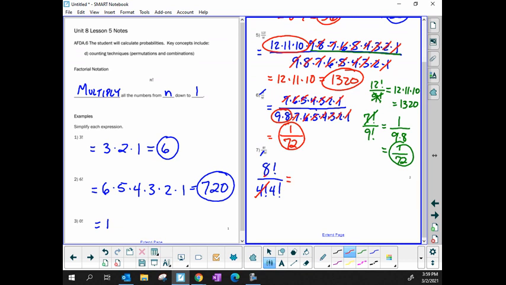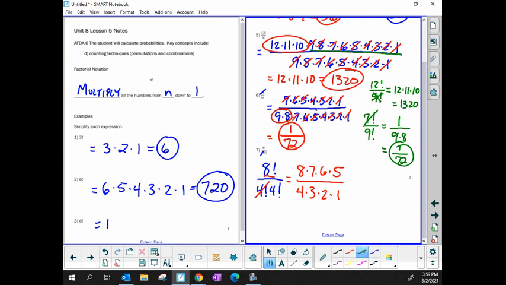It's going to cancel out everything in that 8 from 4 down to 1, leaving me with 8, 7, 6, and 5 left on top, divided by, on the bottom, 4 factorial, which really means 4 times 3 times 2 times 1.